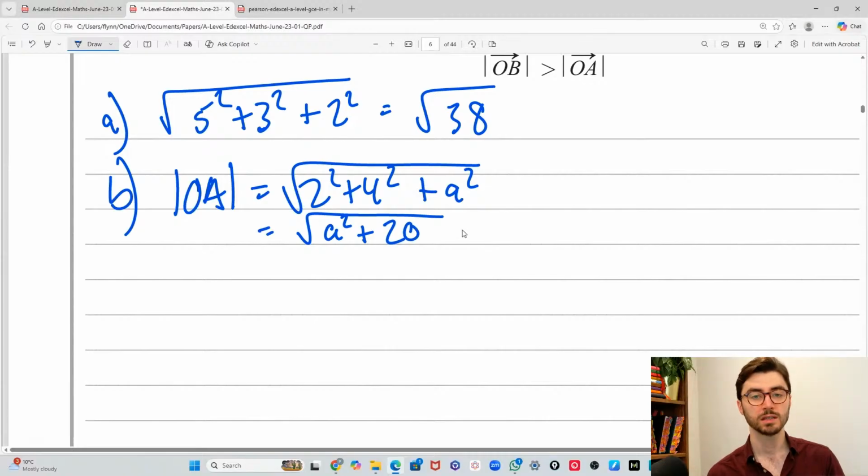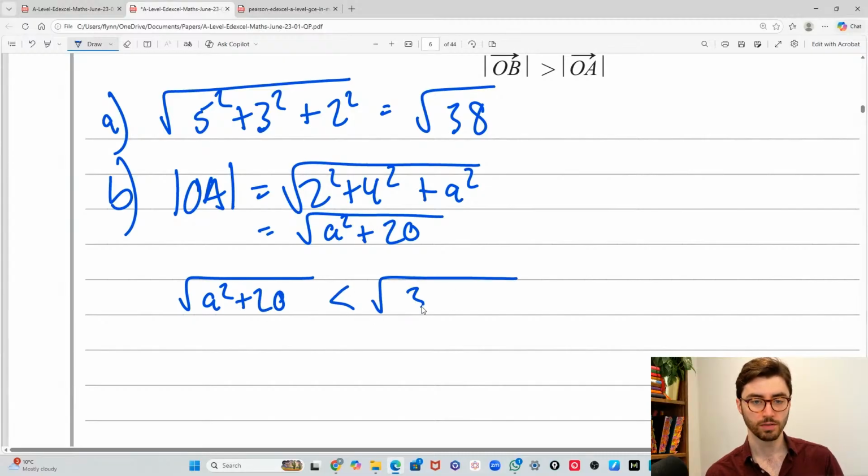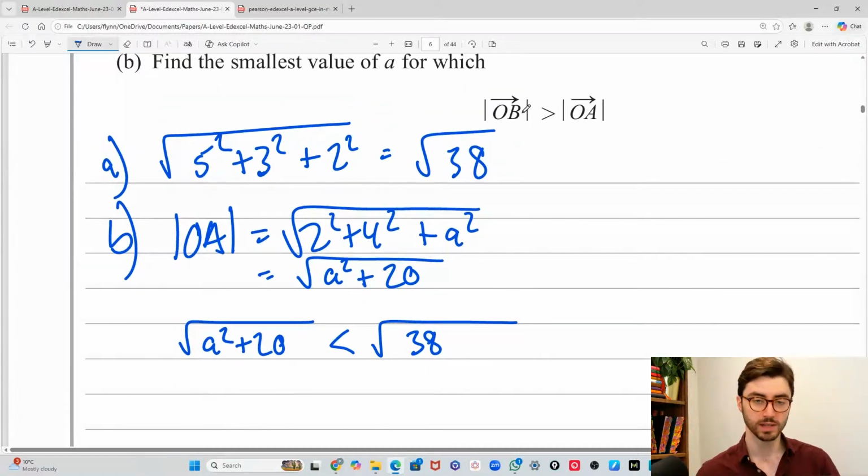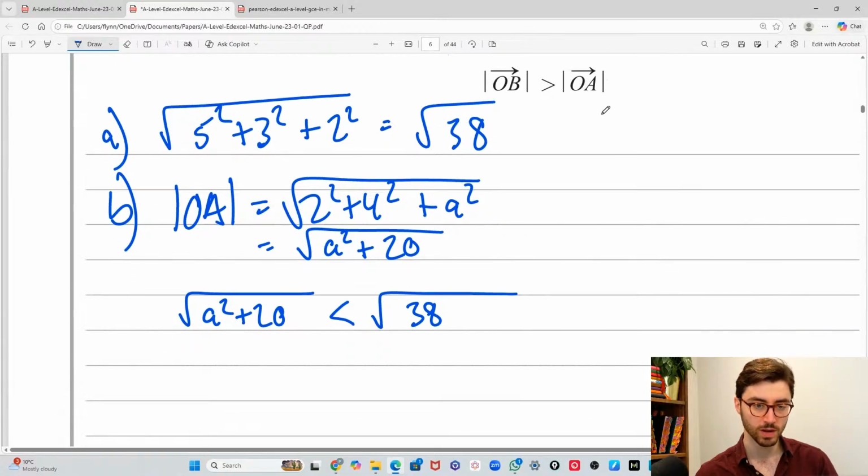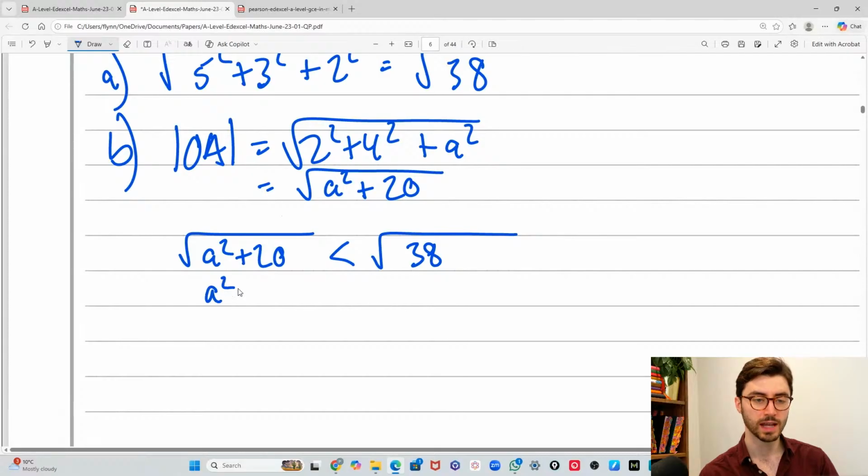Now we need the root of A squared plus 20 to be less than the root of 38. If that is true, the magnitudes are strictly positive, so if the magnitude of that is bigger than the magnitude of that, the magnitude squared is also bigger. So I think that also means that A squared plus 20 is less than 38.